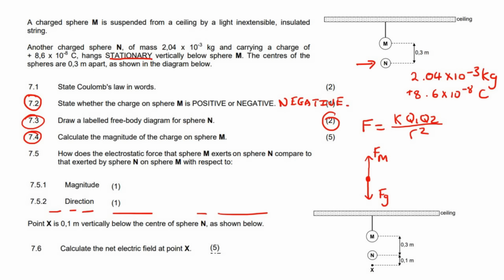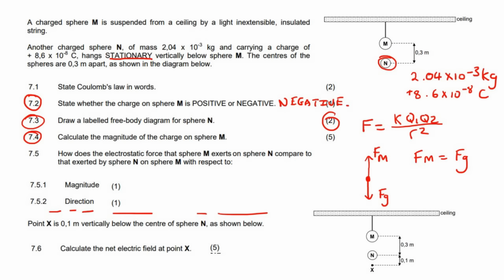There we go. So we should understand that if this object N is not moving, then these 2 forces must be equal to each other, right? So we can say that Fm must be the same as Fg. You could have also said F net equals MA, but A will be 0, and then you would take it over.